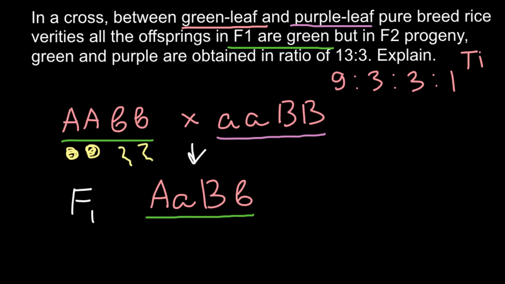So even if we would have small a here, but these two alleles would be defective, no purple color would be produced. Purple color would be produced only if both suppressant alleles would be defective, and at least one of these alleles would be normal, that would produce normal accessory pigment.